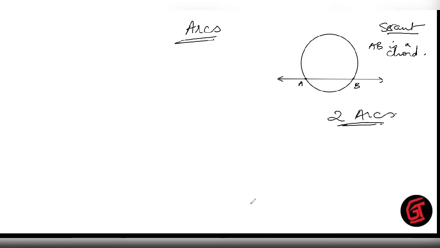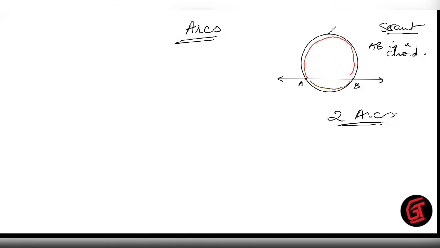Which arcs? The first arc is this one outside, the bigger arc, and the second one is down here, the smaller arc. In geometrical language, we call this the major arc and this the minor arc.